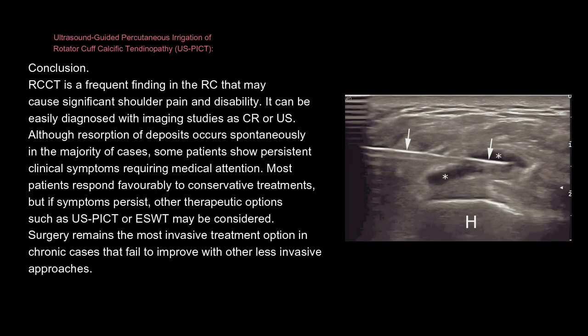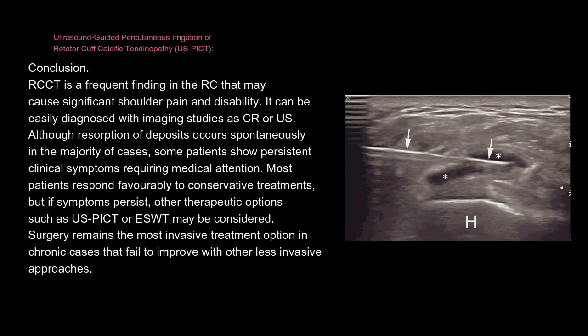Conclusion. RCCT is a frequent finding in the RC that may cause significant shoulder pain and disability. It can be easily diagnosed with imaging studies such as CR or US. Although resorption of deposits occurs spontaneously in the majority of cases, some patients show persistent clinical symptoms requiring medical attention.